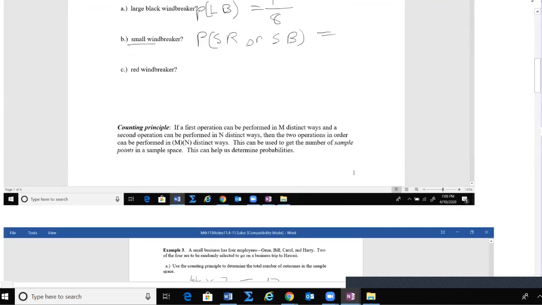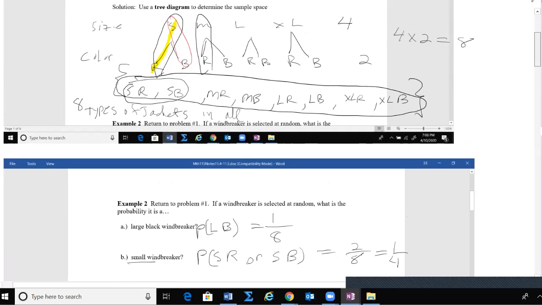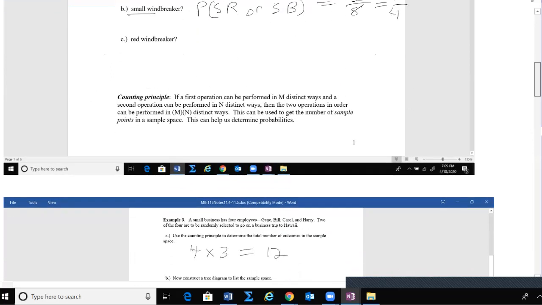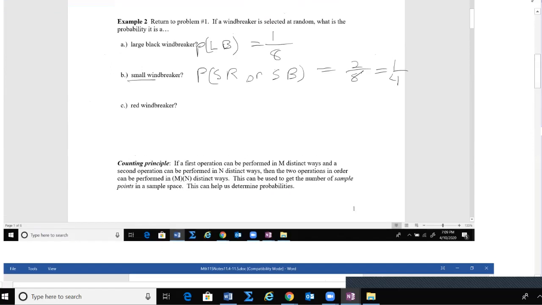So small is 2 out of 8, which is 1/4. A red windbreaker. Okay, now look at your list and you'll see how many reds are possible in here. Okay, I see 1, 2, 3, 4 out of 8. So your probability of a red equals 4 out of 8 or 1/2.